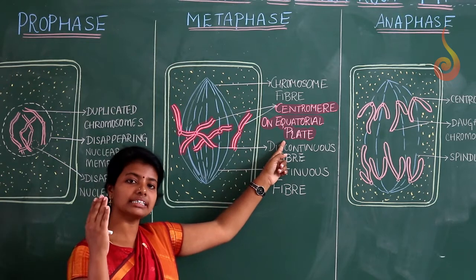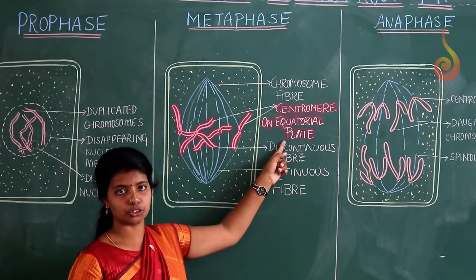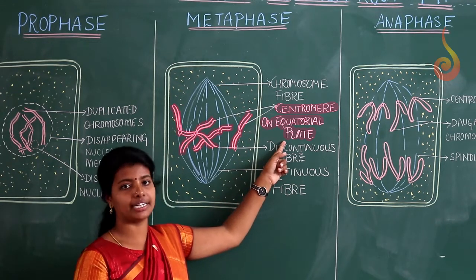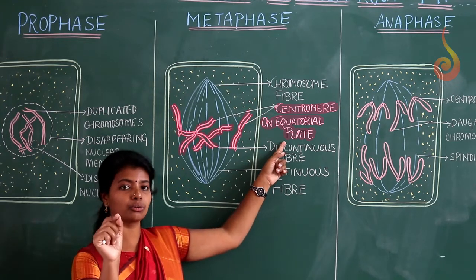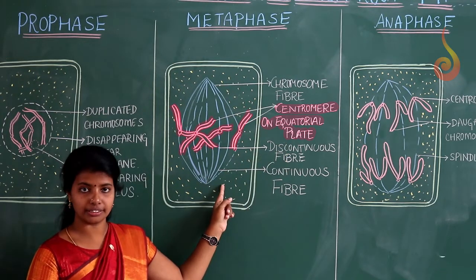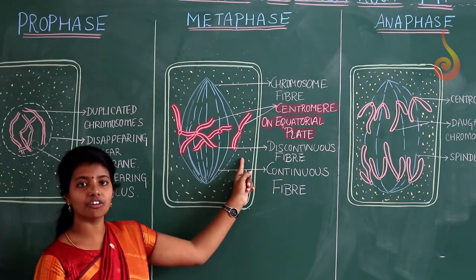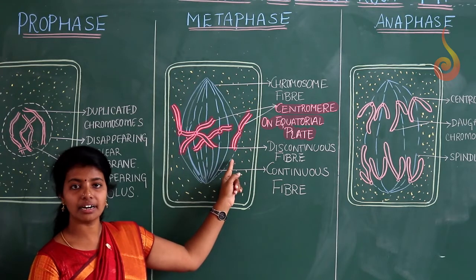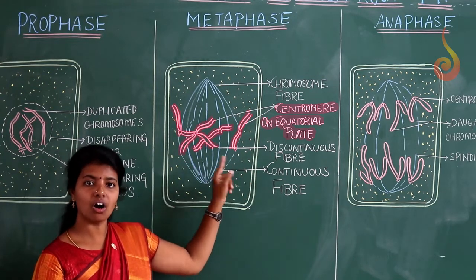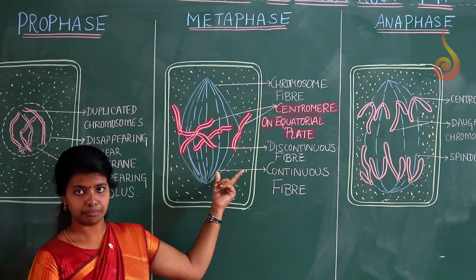Now once you are seeing the cell in the microscope, to identify metaphase, you have to notice this arrangement, that all the chromosomes are arranged in the center of the cell, that is nothing but the equatorial plate or metaphase plate.